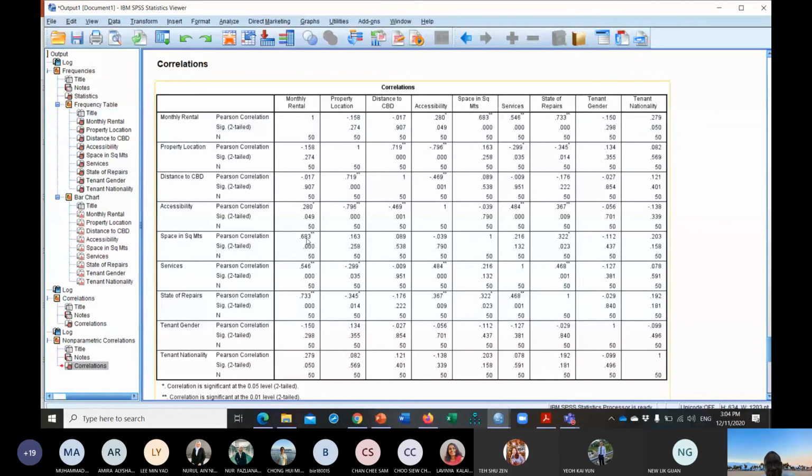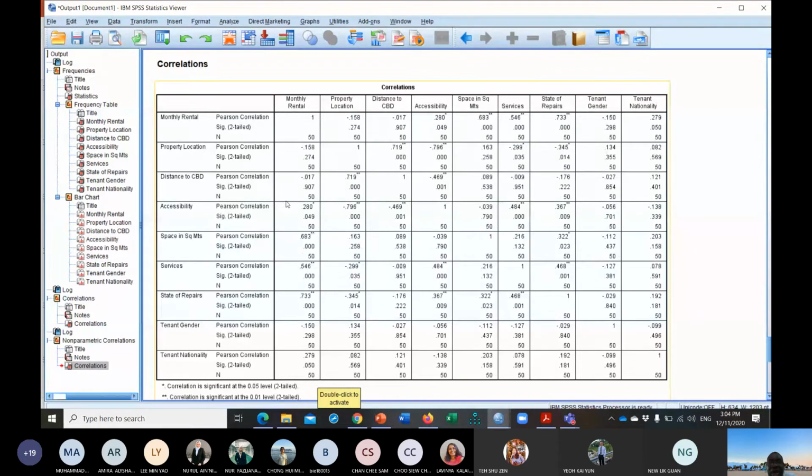We cannot just neglect it. So also is services. When the services are excellent, the better the service, the better the rent. It's still equally positive. State of repairs, you know, the decoration of the property, when you look at the property, how neat it is, how modern and everything, equally contributes strongly to the monthly renter.